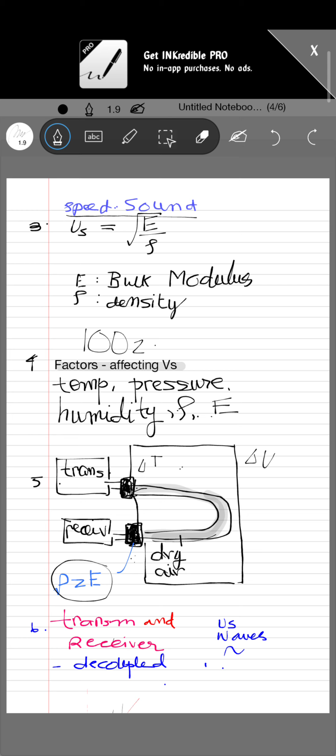Now, the speed of sound is mathematically expressed as the root of the elastic modulus over the density.